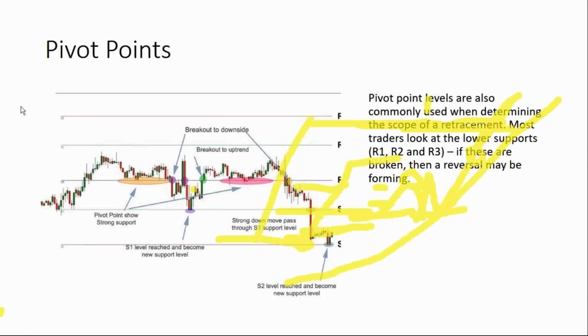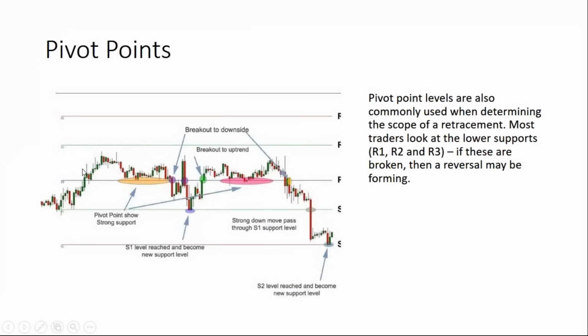Now, another way that you can combine together to determine what levels you might want to look at is using pivot points. Pivot points are a way of calculating support and resistance.